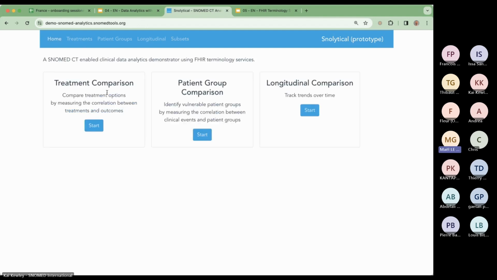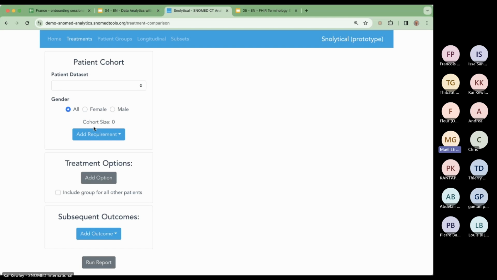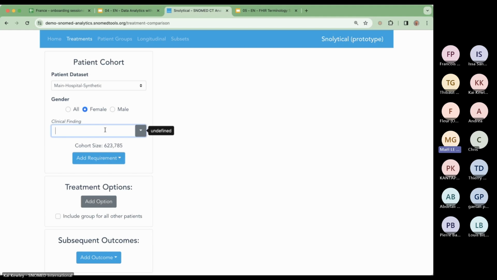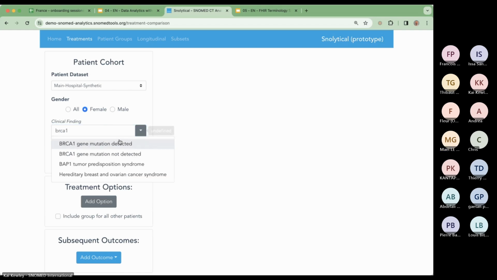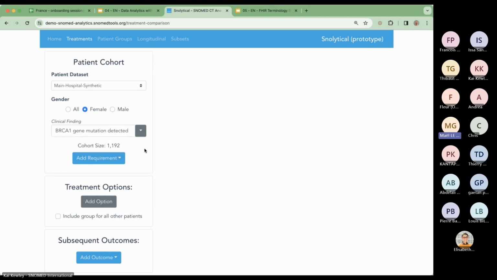And we're going to the treatment comparison screen, and we're picking up the main hospital synthetic data set. And for the cohort, we're interested in females who have the BRCA1 gene mutation tested positive. Yeah, mutation detected.